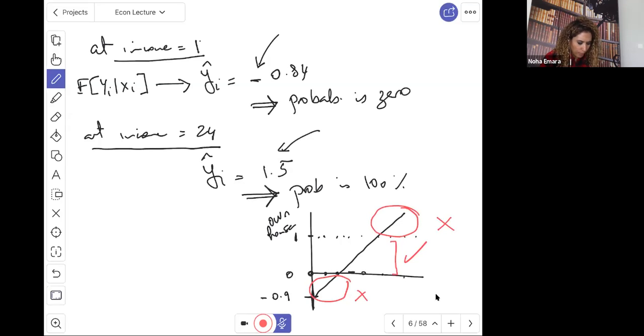The other problem with the linear probability model is that we cannot rely on the R square, right? The dependent variable is binary. Unless the dependent variable is continuous, I can rely on the R square. But looking at the points here, this is the actual observation, this is the estimated.